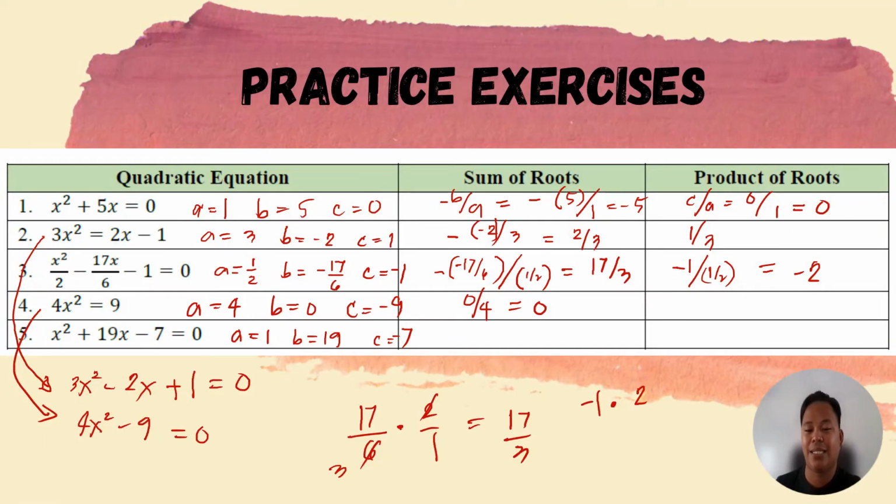And the product, negative 9 over 4. For number 5, the sum 19 over 1 is equal to 19. For the product, negative 7 over 1, which is equal to negative 7.